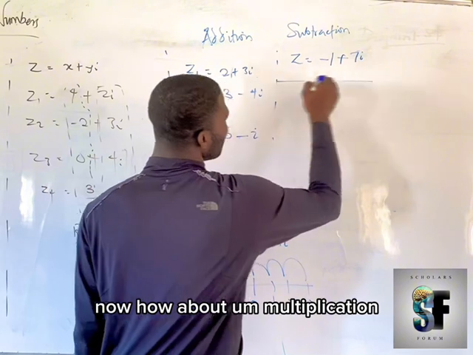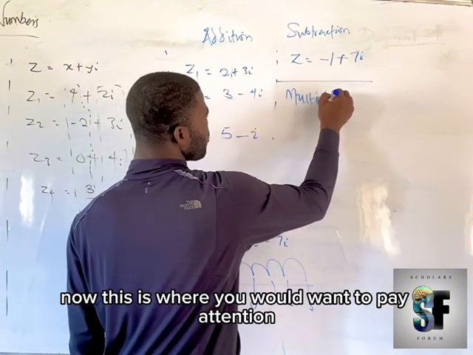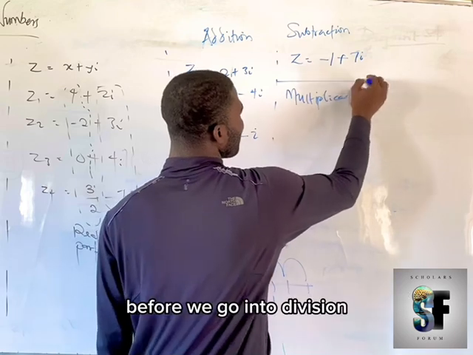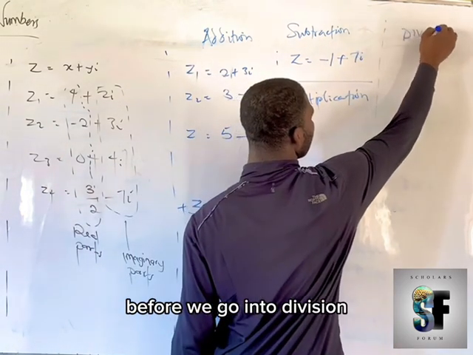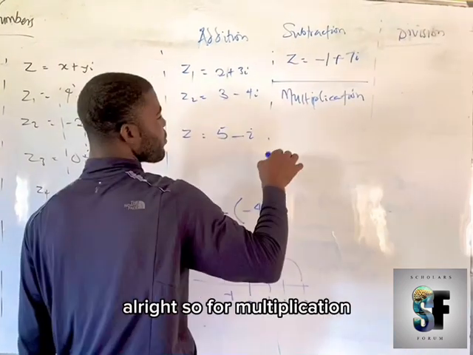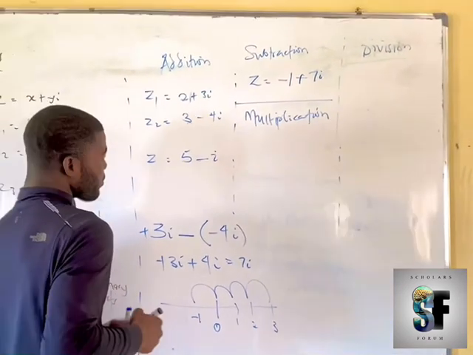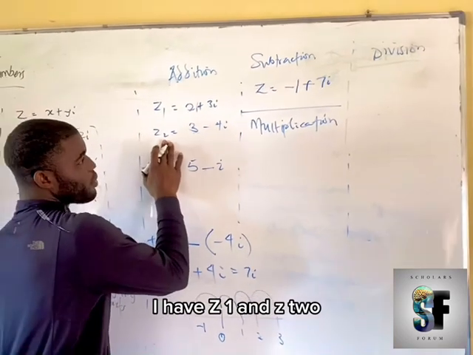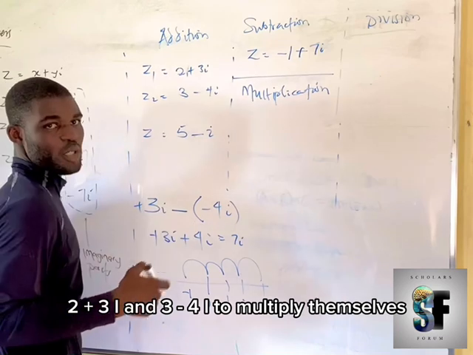Now how about multiplication? Now this is where you would want to pay attention before we go into division. Alright, so for multiplication, I have z1 and z2, 2 plus 3i and 3 minus 4i to multiply themselves.